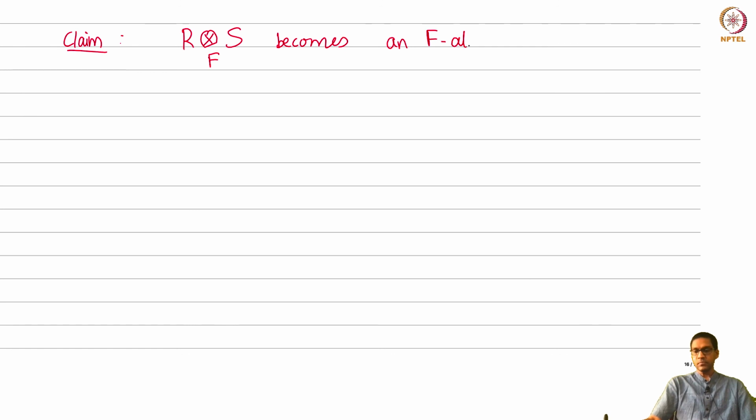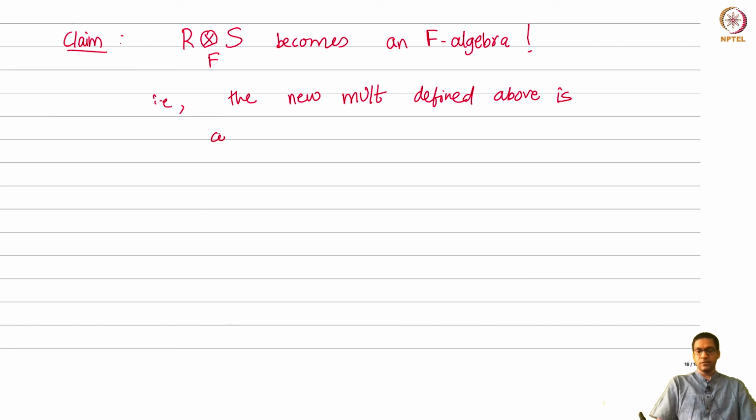In other words, the new multiplication that we just defined above is compatible with the scalar multiplication, so that third compatibility axiom is true. I am going to leave this also as an exercise.